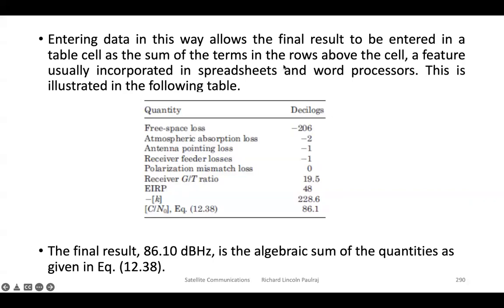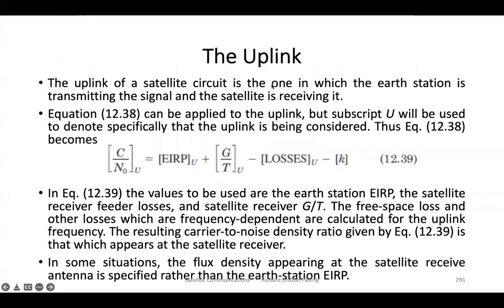So next we will continue with the uplink. As I mentioned, CNR is not only pertaining to uplink or only to downlink, but it's a combination. So first we will look at uplink, then downlink, and then we'll combine them both, and we call it combined CNR.